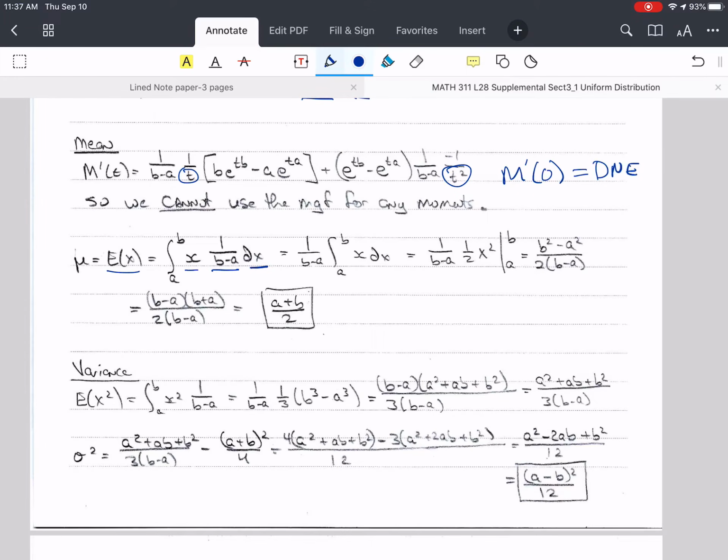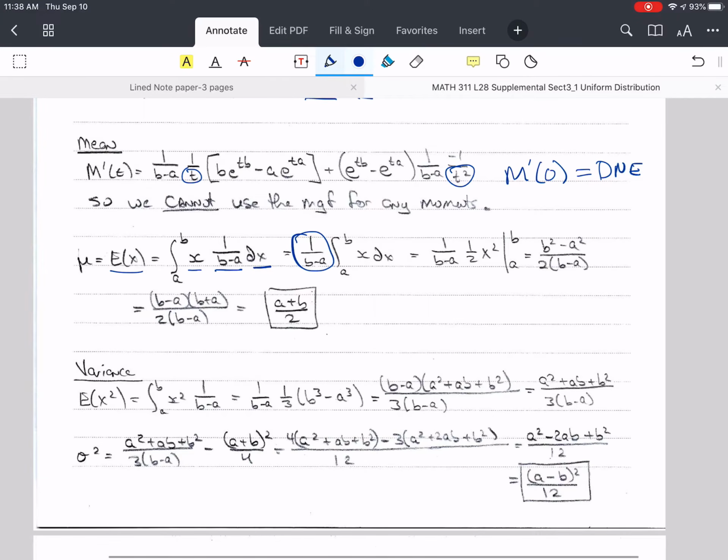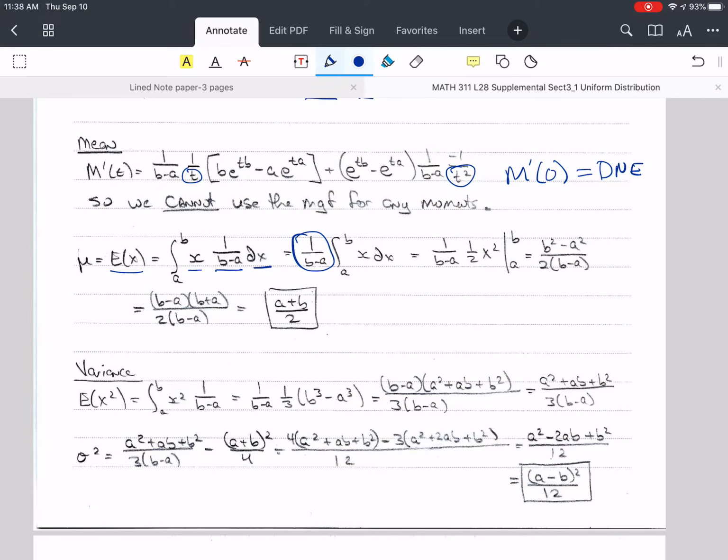Again, we can pull our constant out to the front. We integrate this, we get 1 over b minus a, 1/2 x squared, and then we evaluate that from a to b. We take the expression, substitute in b, subtract when we have a, and we end up with this expression here. We factor the top. So again, in calculus, we stress factor, factor, factor.